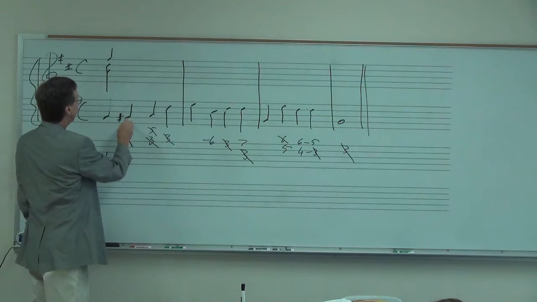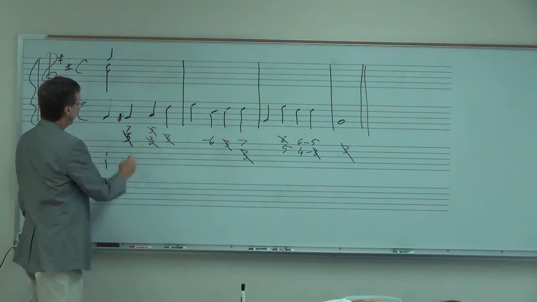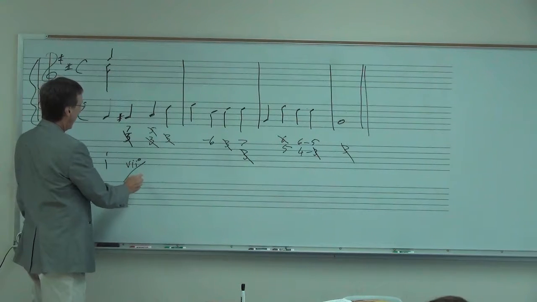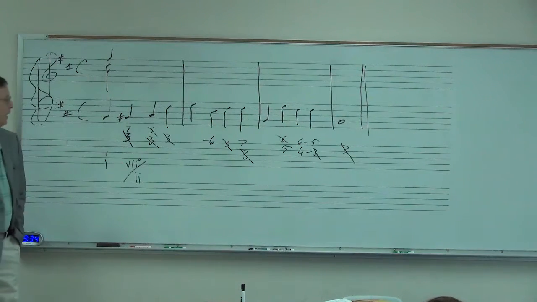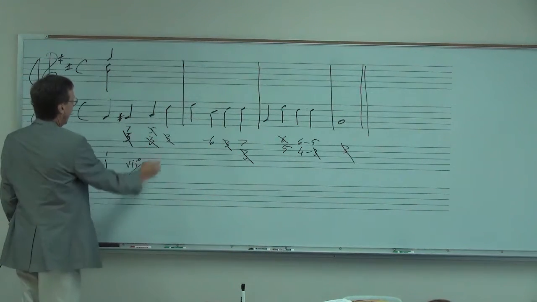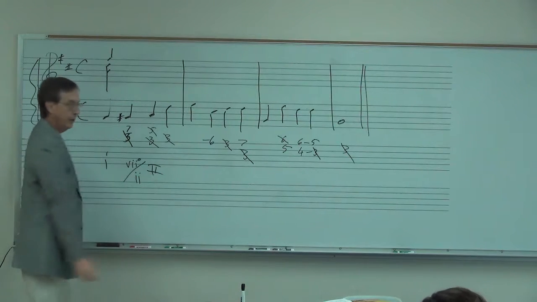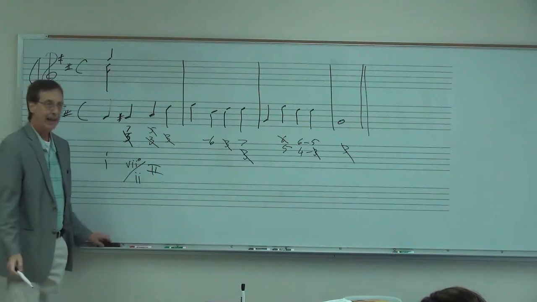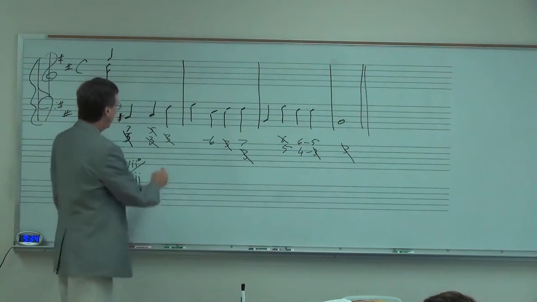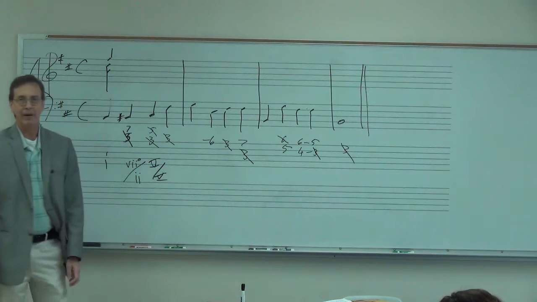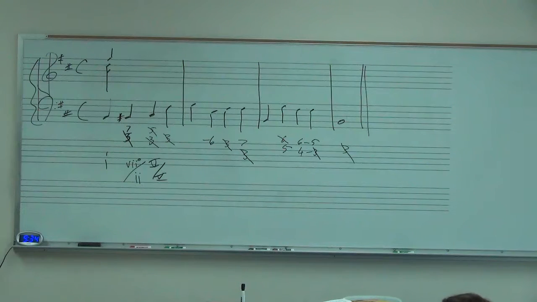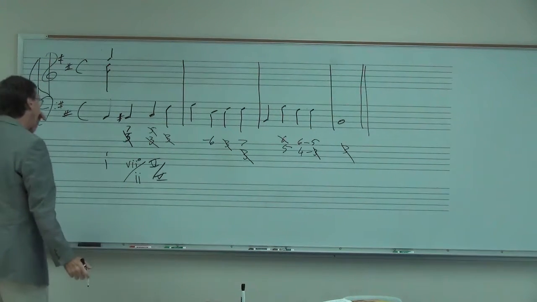I think if this is raised to this, I'm thinking it's fully diminished 7 of 2. Does it go to 2? It goes to a major 2, correct? And in the fact that that's a major 2, it becomes 5 of 5. Do you see how that works? So let's make decisions accordingly to that.